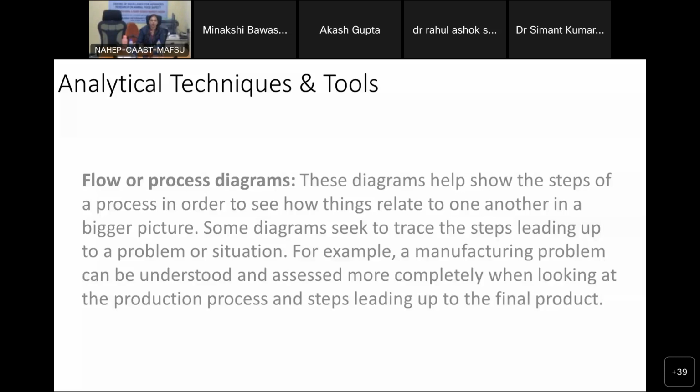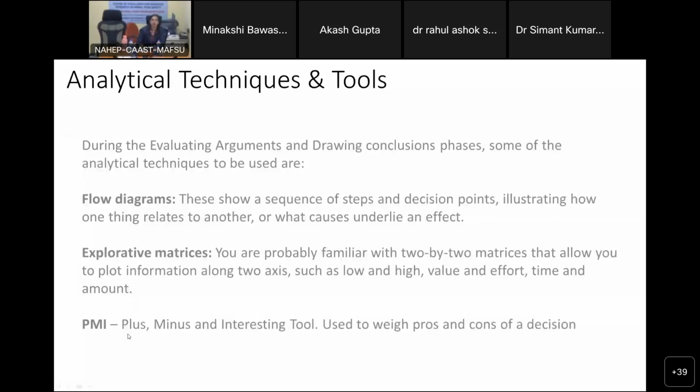Then there are explorative matrices. Then this is PMI, plus, minus, and interesting. Like we were having the discussion, talking about what is pros and what is cons. So that is PMI: plus, minus, and interest. So these are all tools.